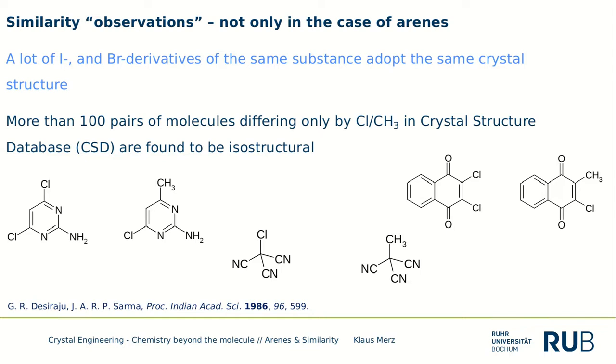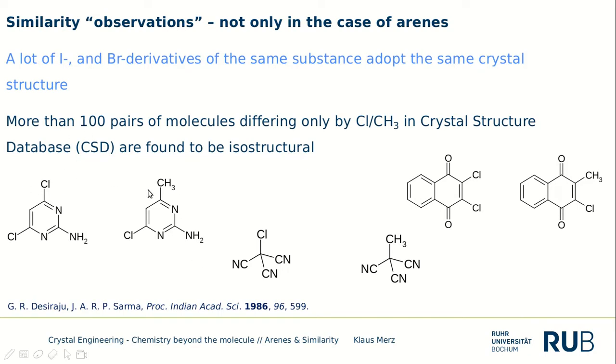And also here, always the same. The reason is that there is nearly the same spherical volume between chlorine and methyl. Both have a volume of around 20 cubic angstrom.